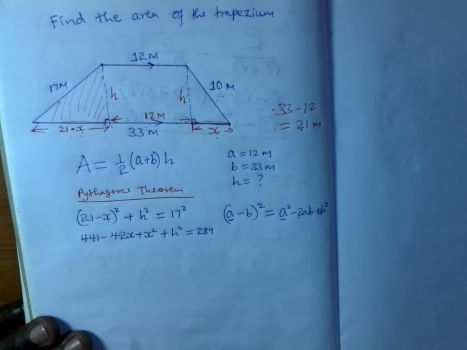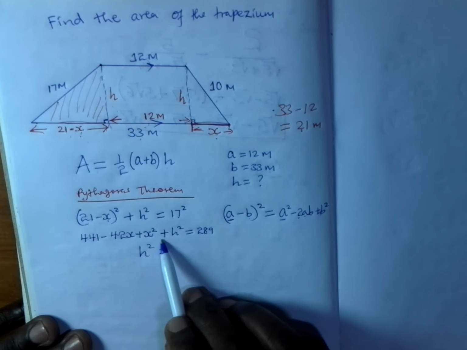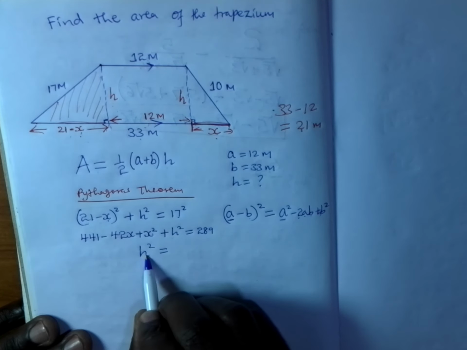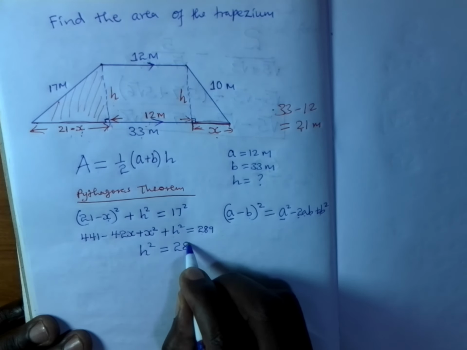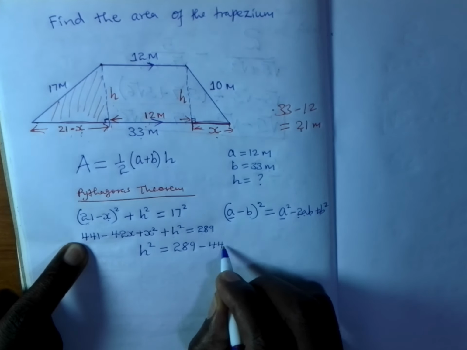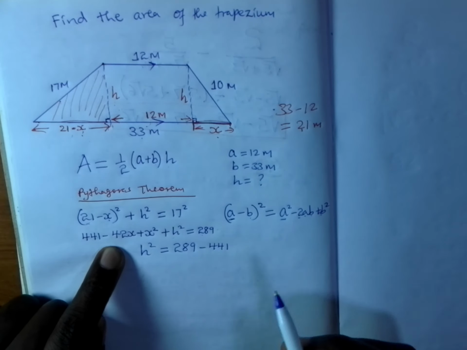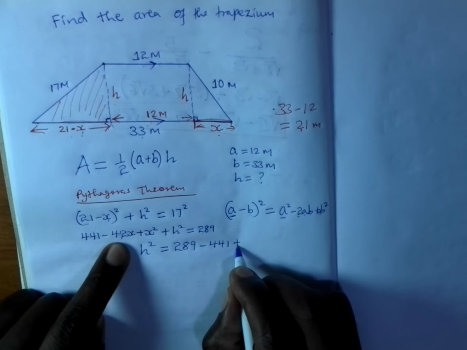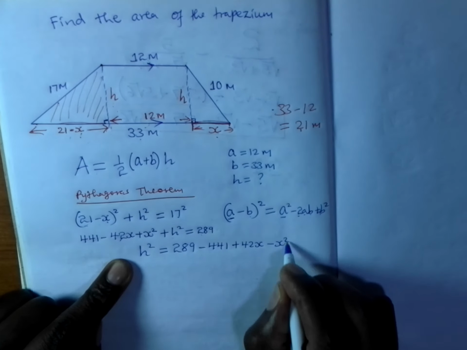So from this case here, we can have h squared will be equal to, take the other values to the right hand side and remain with h squared on the left hand side. So we shall have 289, then minus 441. The moment it gets to the right hand side, change the sign. Then we also have plus 42x, then minus x squared.